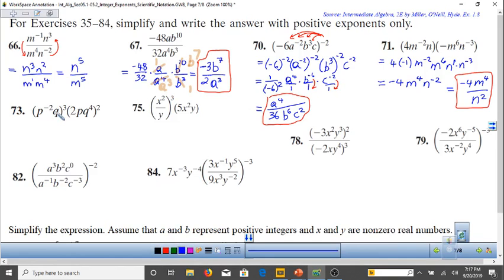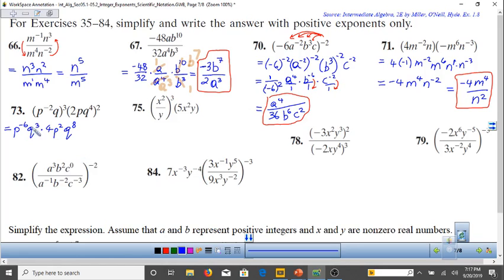P to the -2 q to the 3 times 2p to the q to the 4 squared. Because of space, I'm going to just distribute and operate at the same time. So this gives me p to the -6, because I multiply those exponents, times q cubed times 2 squared is 4, p squared, q to the 4 times 2 is 8.